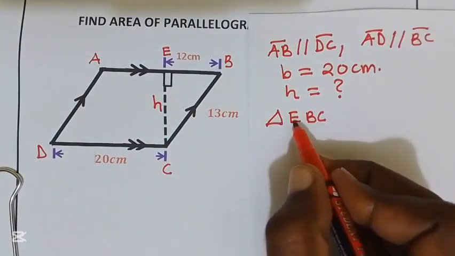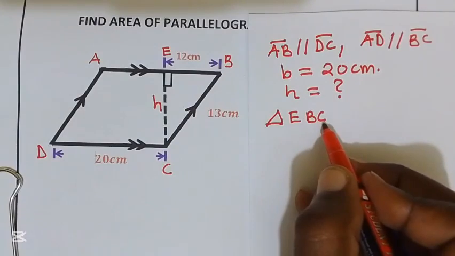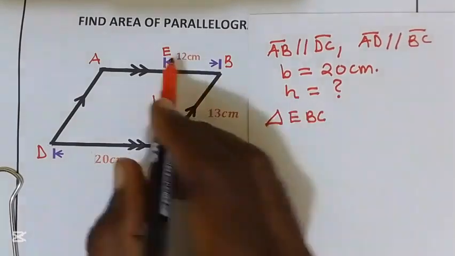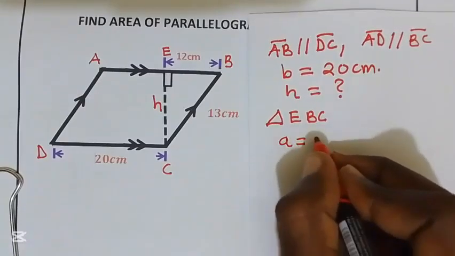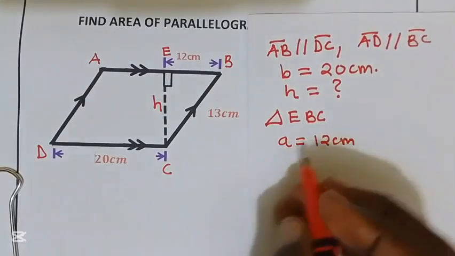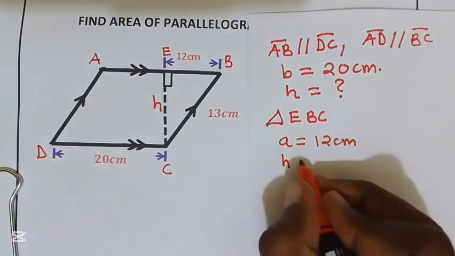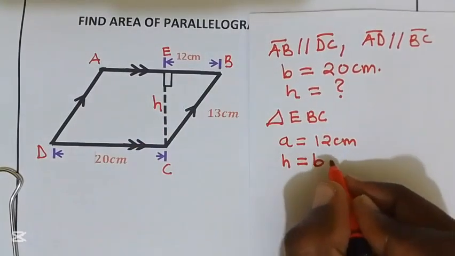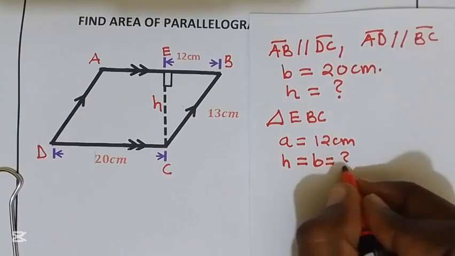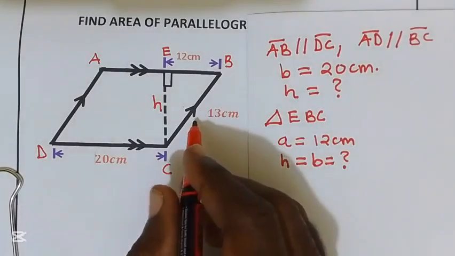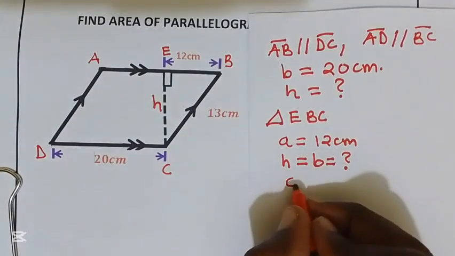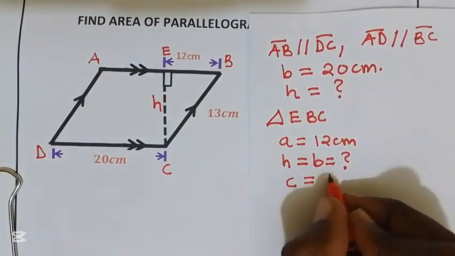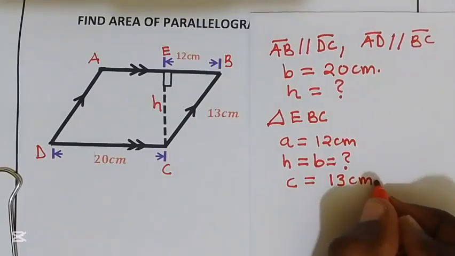Since triangle EBC is a right-angled triangle, I'll call distance EB as A and the height, which we don't have, as B, and distance BC is the hypotenuse, which is always equal to C. This is equal to 13 centimeter.